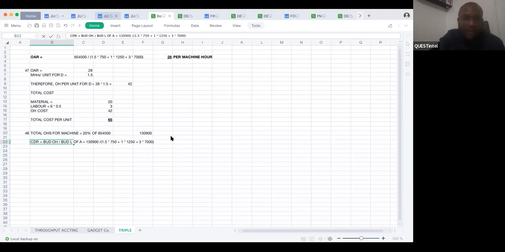There's a reason why I do that, because it helps me to get clarity on what I am saying. So if I get this now, let's see what this figure is. So 5.6 per machine hour.